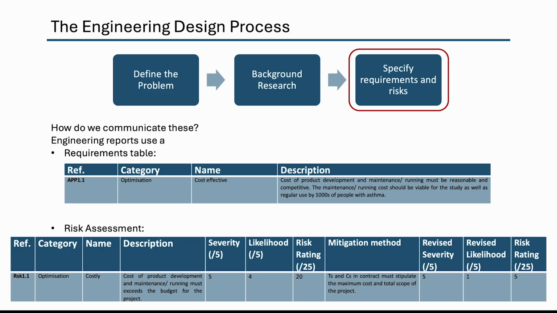You list the mitigation method that you're coming up with to implement within your project, and then the revised risk rating to see how the risk has been diminished compared to the earlier one. These numbers are kind of arbitrary, but it's to give you an idea of, and to get everyone on the same page of, how you're going to diminish those risks within your project.